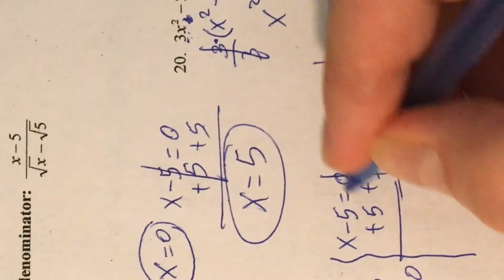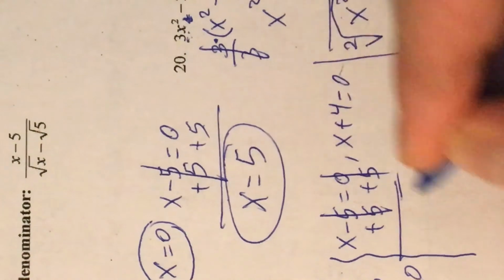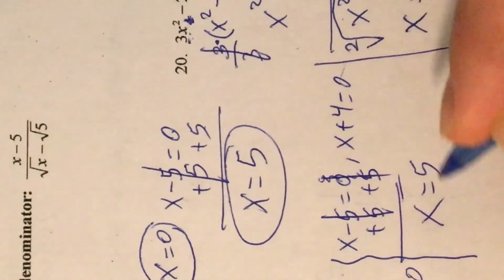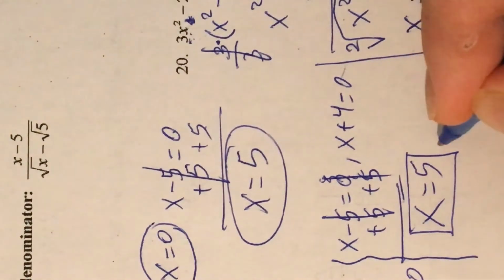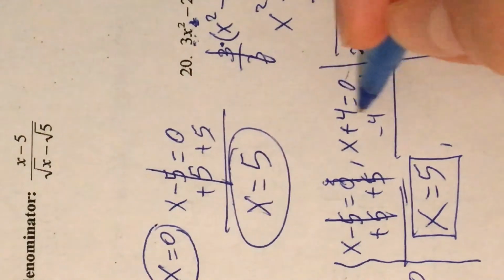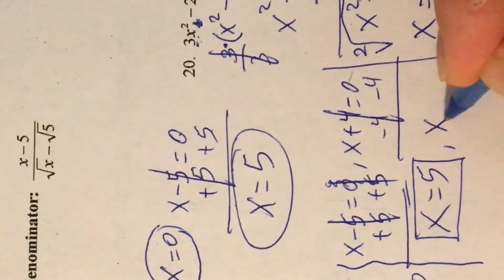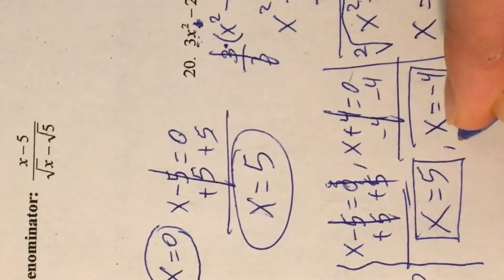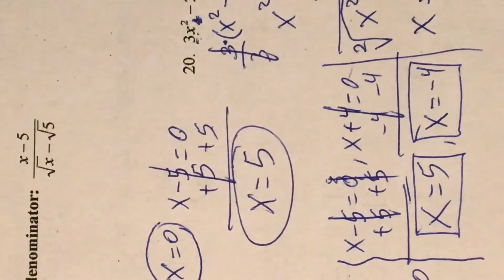Oops, sorry, that's not canceling here. 0 plus 5 is 5. Sorry, I didn't mean to do that. And then the x, so x equals 5. That's one solution. And then I subtract 4 from both sides. And these cancel out, and I get x equals 0 minus 4, which is negative 4. And then voila, I got two solutions. So these are the two solutions for x in this equation.